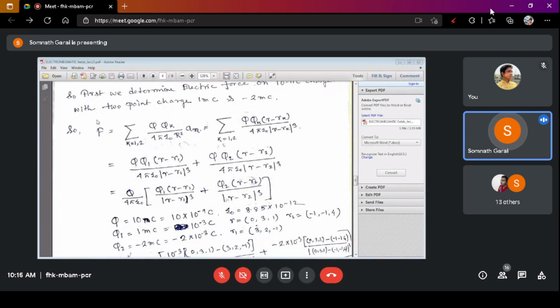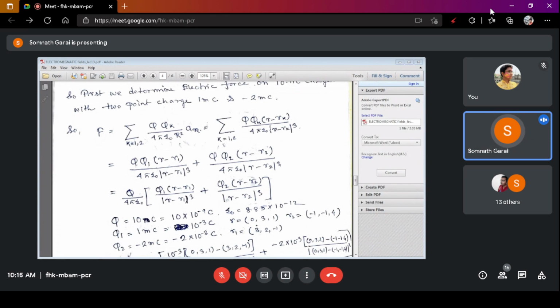So F is equal to the summation over k equals 1 to 2 of Q Qk divided by 4 pi epsilon naught R squared, times the unit vector. We write this as the summation of Q Qk (R minus Rk) divided by 4 pi epsilon naught mod of (R minus Rk) cubed, right?